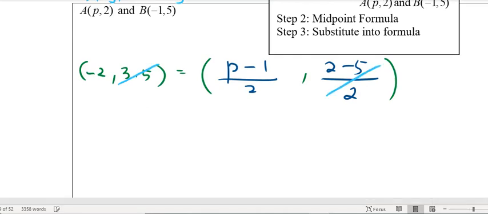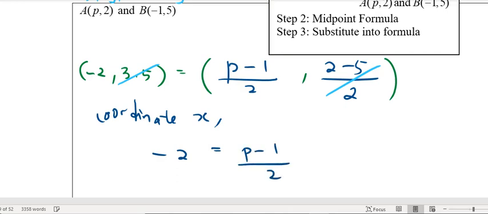You just continue with your x, or you can say coordinate x. So you got negative 2 equal to p minus 1 over 2.